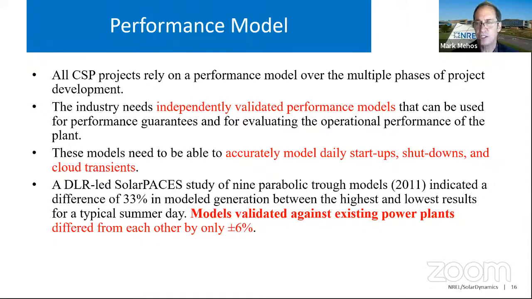That's a huge difference. I wouldn't call it an uncertainty. It's just a bias in some of the models, which I guess is an uncertainty. But for those models that were validated against existing plants, then those models only differed by 6%, plus or minus 6%. Huge drop in the uncertainty of that model. So validation is key.